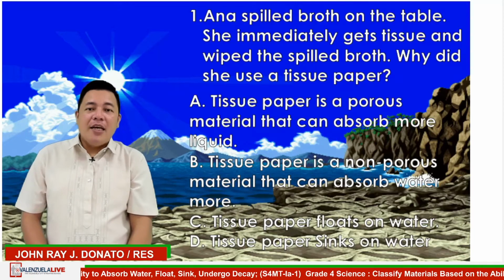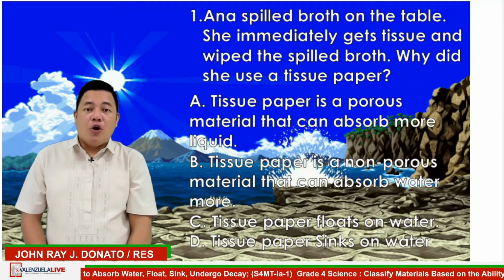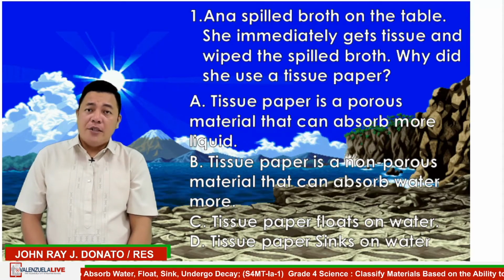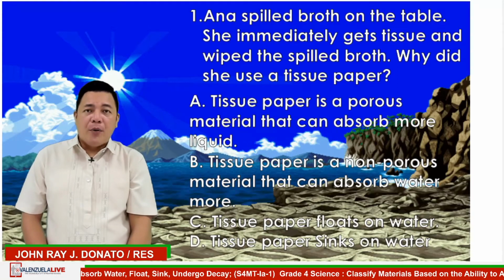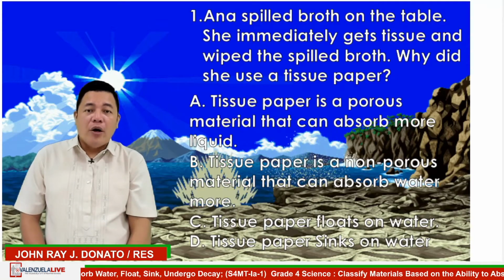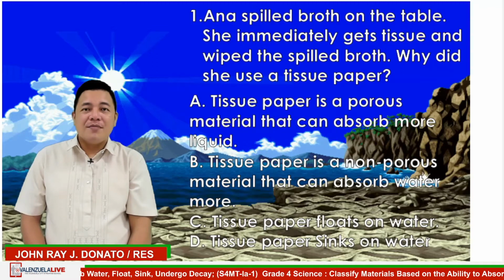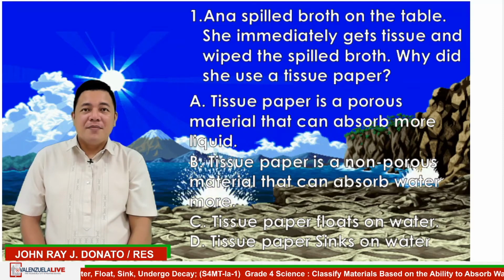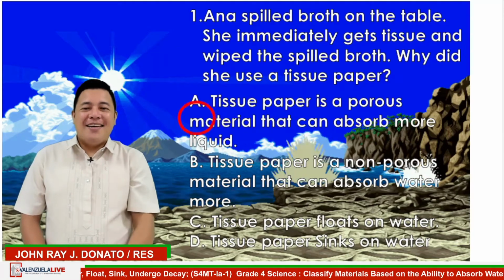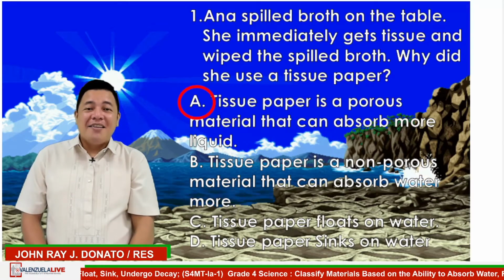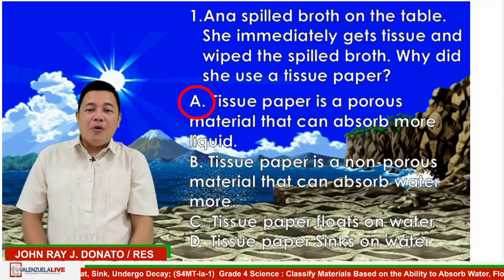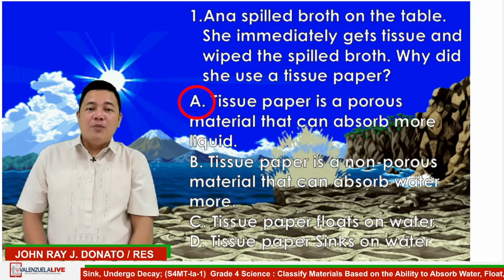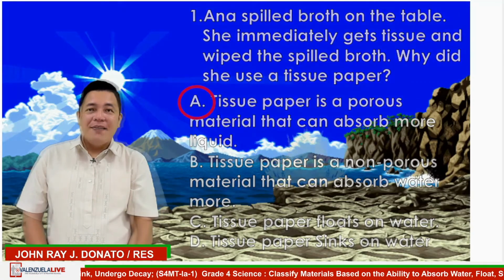C. Tissue paper floats on water. Or D. Tissue paper sinks on water. Correct. It is A. Tissue paper is a porous material that can absorb more liquid.